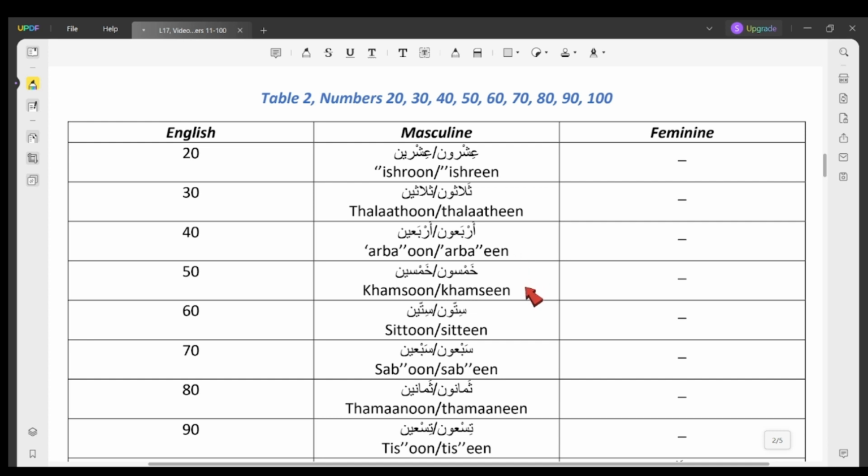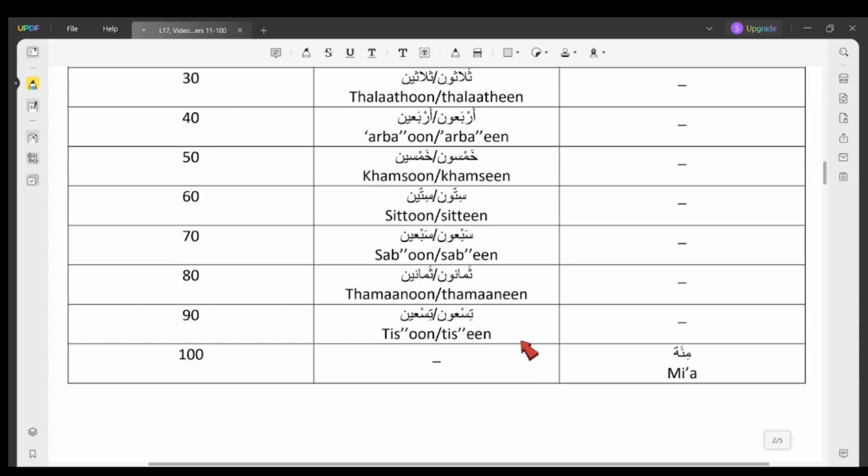The number 50. خمسون or خمسين. 60. ستون or ستين. 70. سبعون or سبعين. 80. ثمانون or ثمانين. 90. تسعون or تسعين. And 100, مئة.